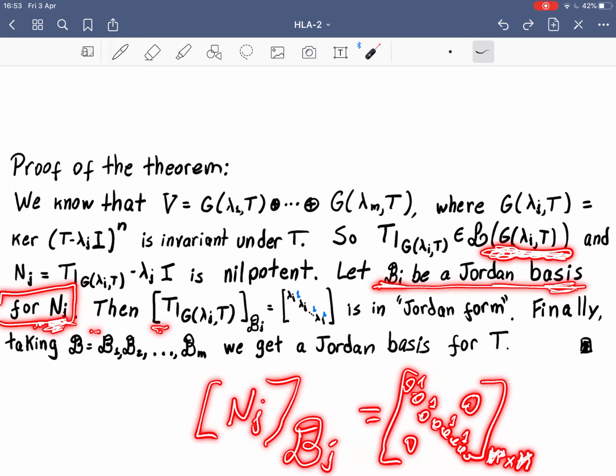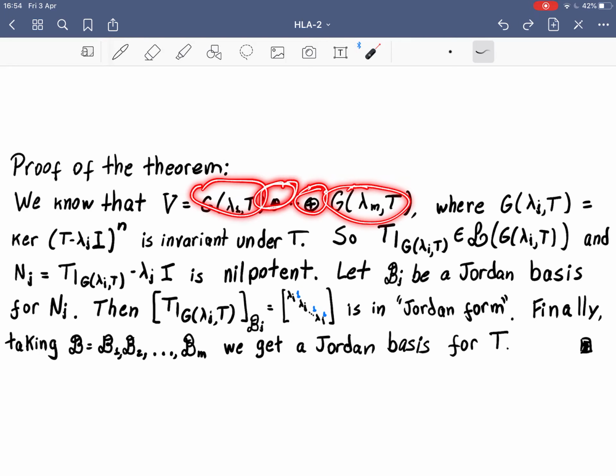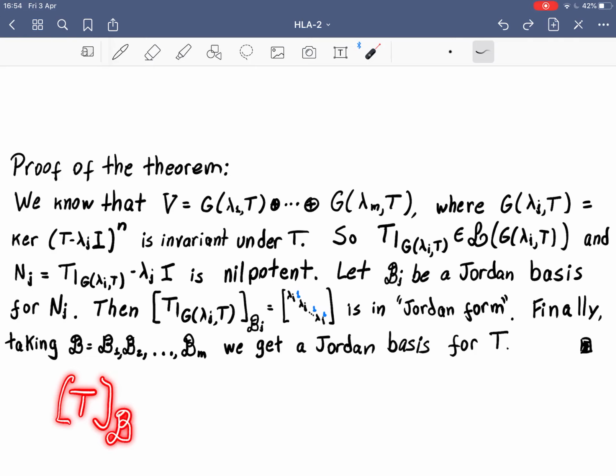We do this for each of these subspaces. We do the same process. We get these bases for each of these generalized eigenspaces, call these bases B1, B2, Bm, so Bm is for this space, B2 is for this space, B1 is for this space. And then we see what will be T with respect to B.